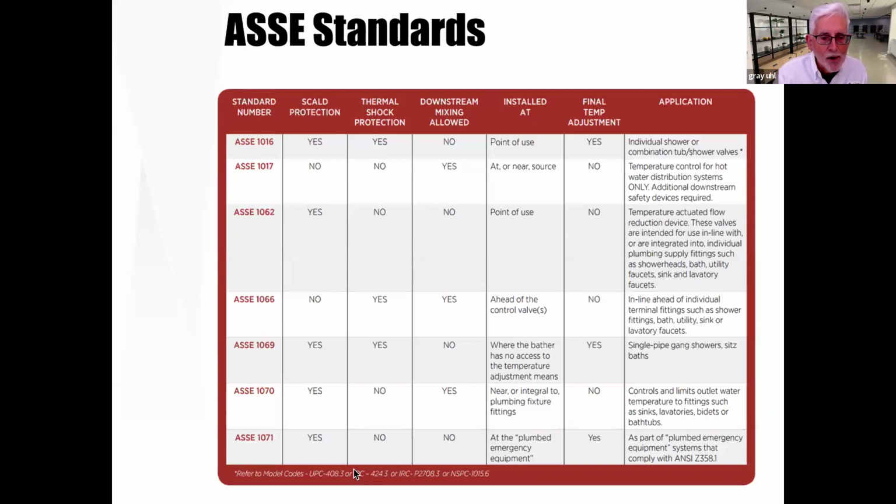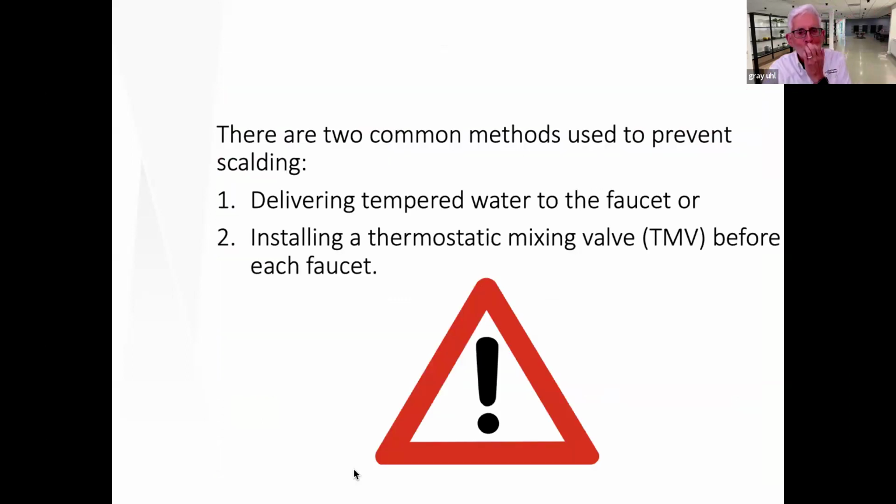It's installed at or near the actual user and the fitting. It does not necessarily have final temperature adjustment. It can, but it controls and limits the outlet water temperature to fittings such as sinks, lavatories, bidets, and bathtubs. So that's the one towards the bottom. If you're interested in all the others, please go look them up. But we're talking about this specific one here today.